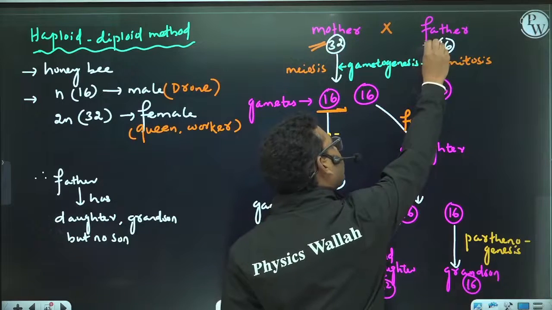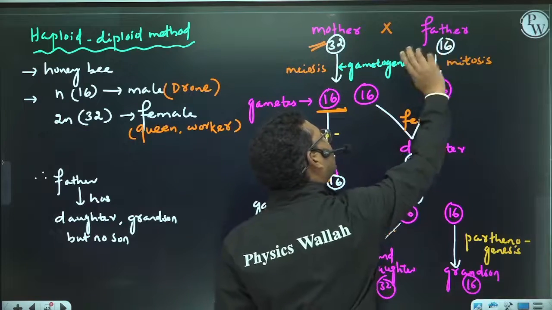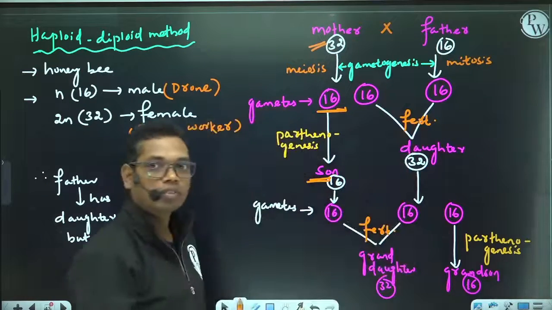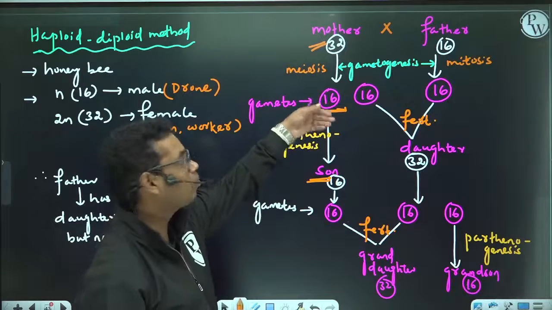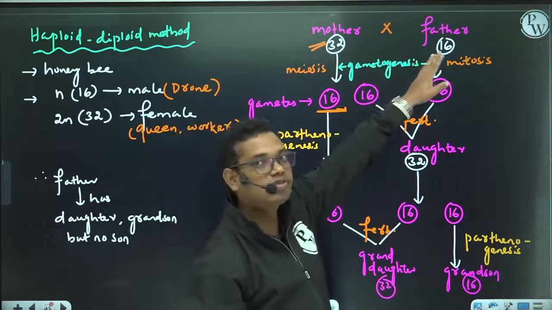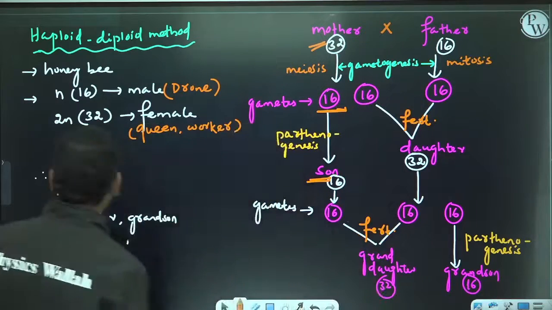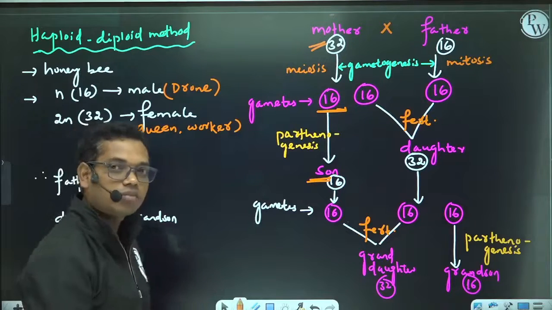This father does not contribute anything towards this son. That is why I will say the father cannot have a son. I repeat, this son is derived from this egg and this egg comes from the mother. That means this son has nothing to do with this father. That is why I have written father has no son. Clear?